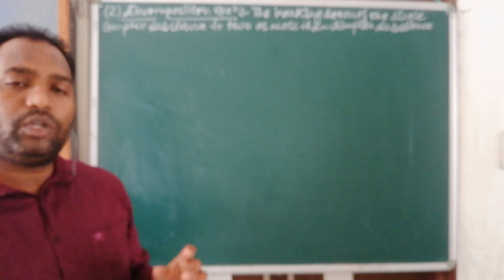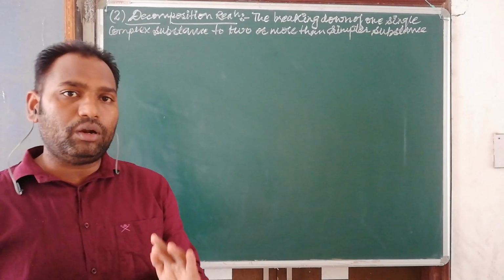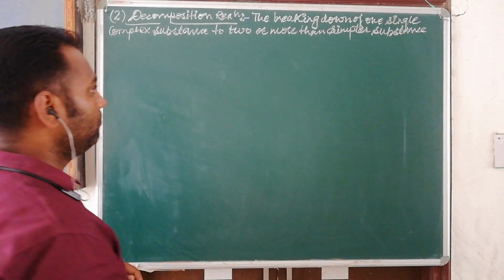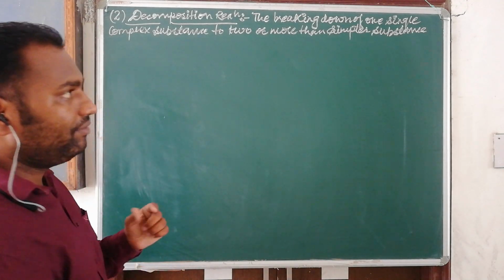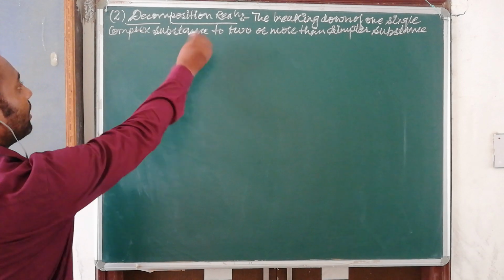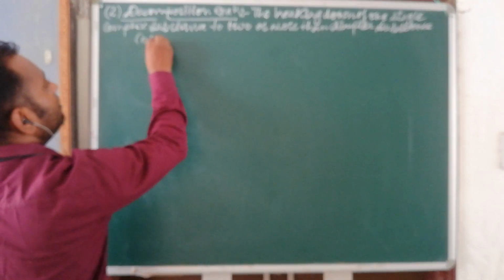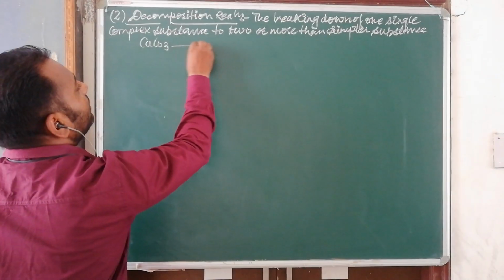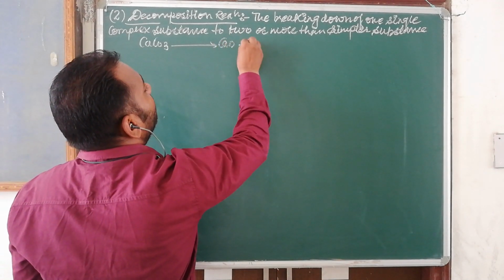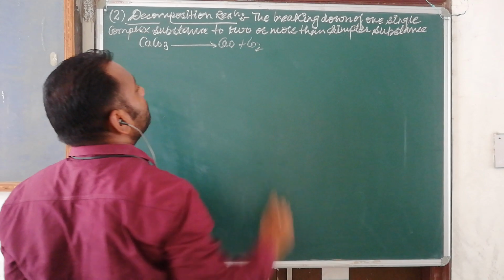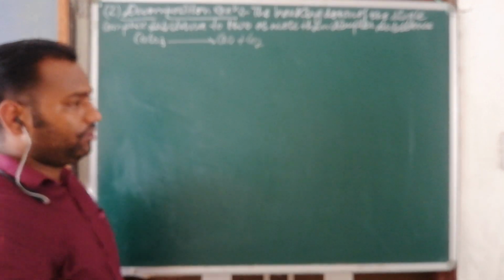It means if one complex substance is broken down into two or more substances, this is known as a decomposition reaction. One example we have already seen: CaCO3 is changed into CaO plus CO2.